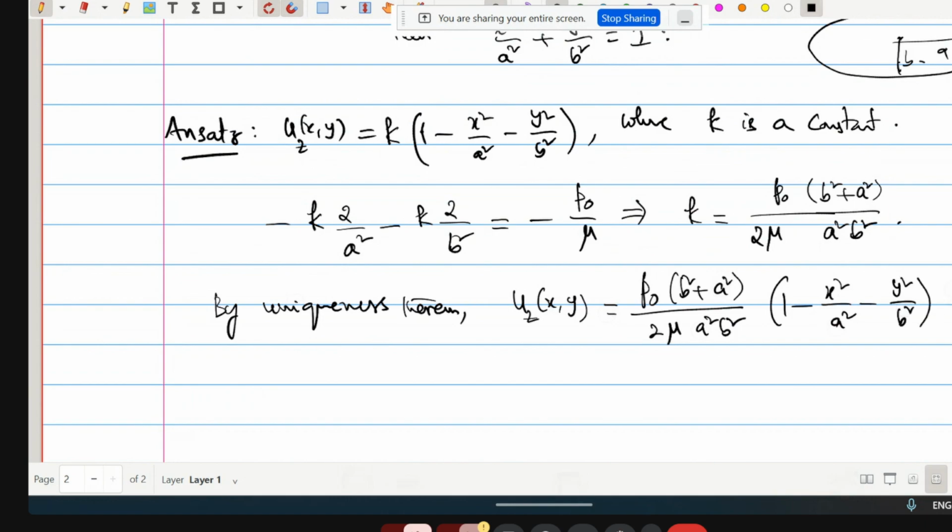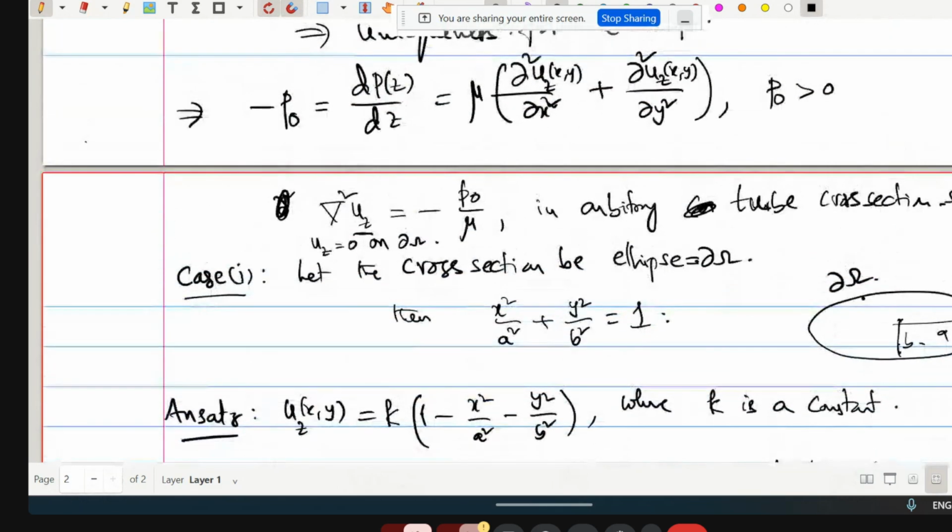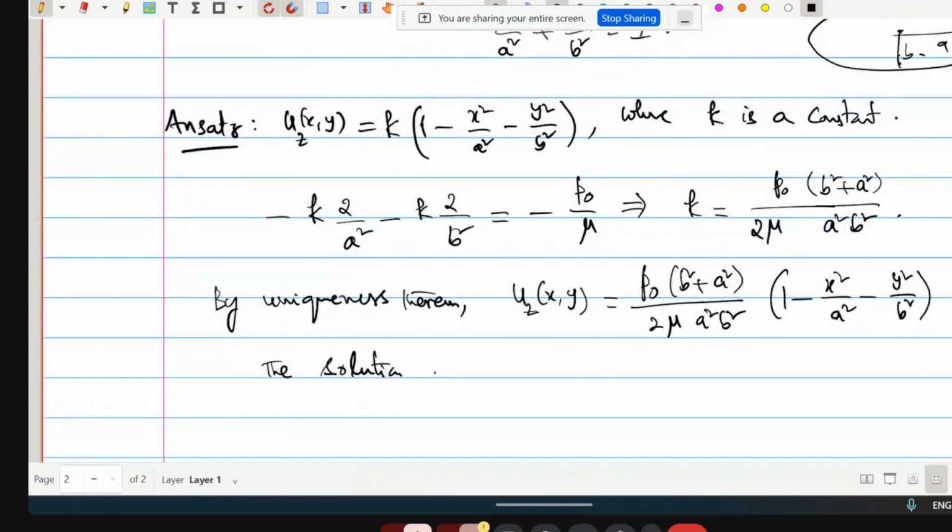Is the solution. Sir, I got k equal to p naught a square b square divided by 2 mu times a square plus b square. There should be a reverse, sir. Oh yeah, sorry. a square b square divided by a square plus b square. Right. That's fine.